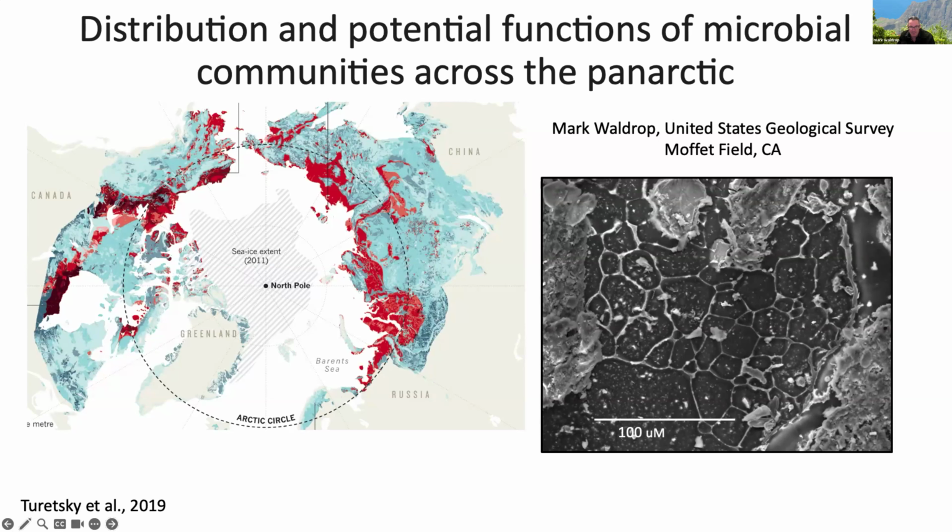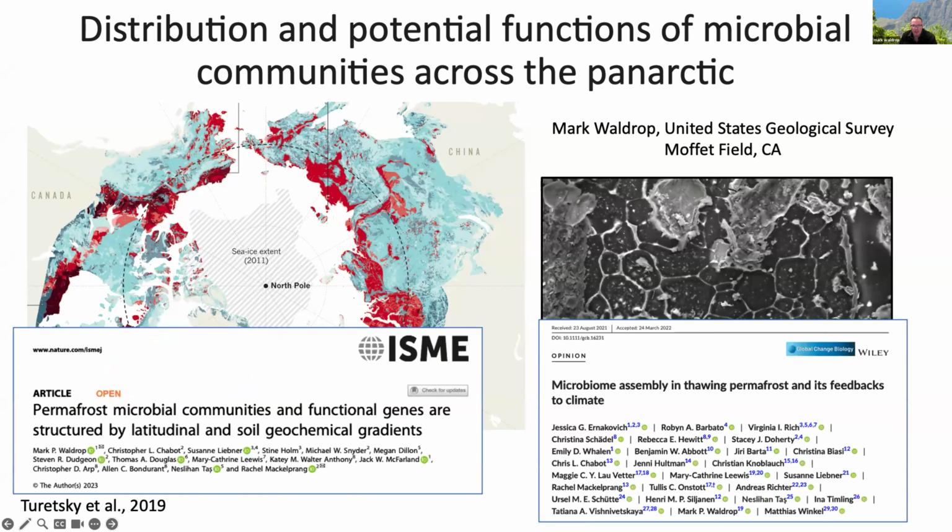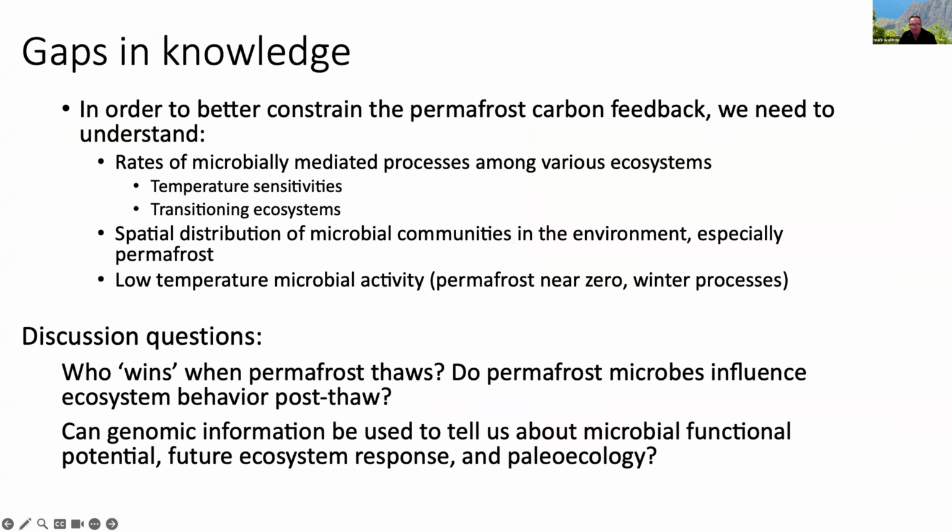So in this presentation, I'm going to be talking about the environmental factors that are structuring the composition and functioning of microbial communities across the Pan-Arctic. And I'm primarily going to be pulling data and information from these two recent articles that we published on permafrost microbial communities and some of the ideas generated by the Permafrost Microbiome Research Network on how microorganisms may in fact affect processes post-thaw.